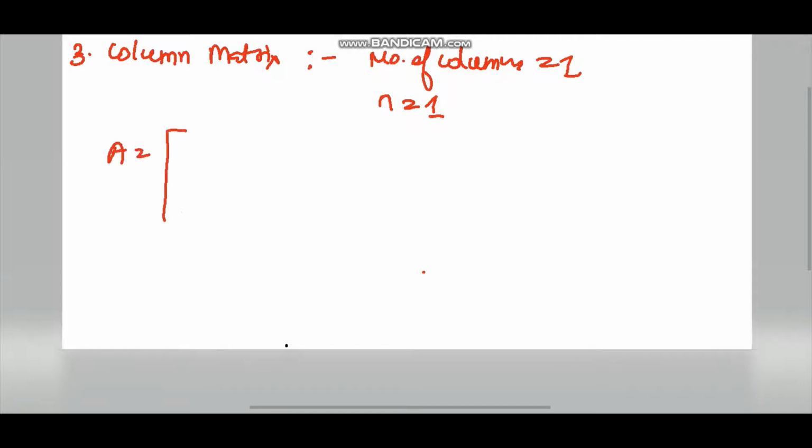For example, A is equal to 1 1 1 2. Here n is 1, hence it is called a column matrix.